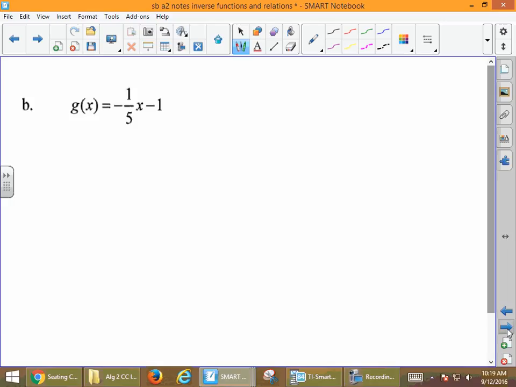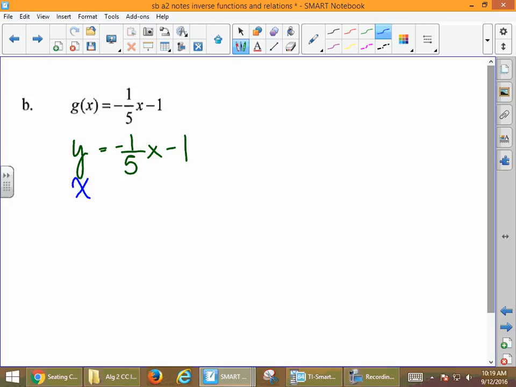When we start, this time we have g of x equals -1/5 x minus 1. Well, g of x can be replaced with y. Step 1. Step 2, switch, interchange the x and y.